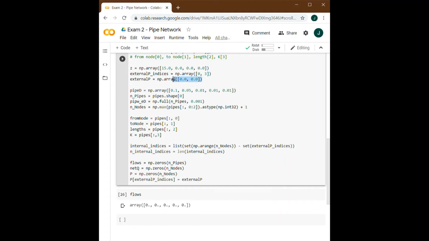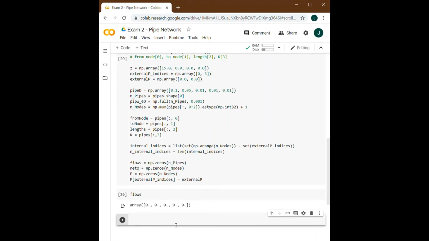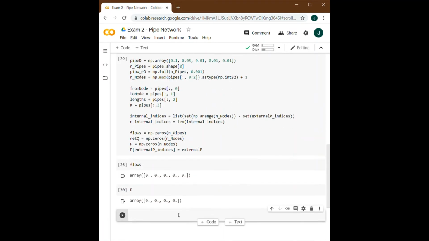Sorry, defined it here. So this will put our external pressures into our created array here. So running this, we can then check our P array, and we get an array of zeros, which makes sense because our external pressures are also 0.